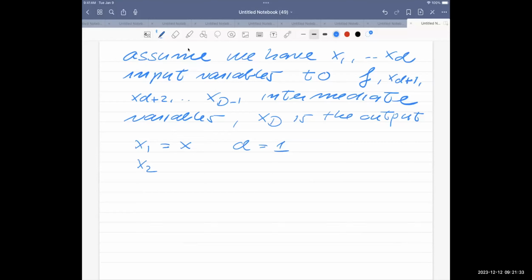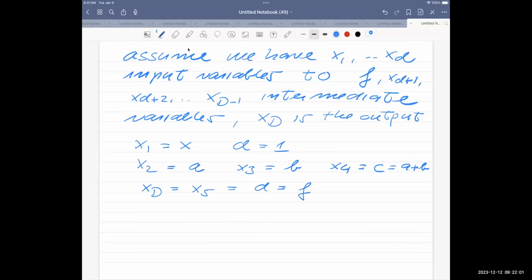So x2 then, since d is equal to 1, x2 becomes a. x3 is equal to this variable b. And then clearly x4 has to be equal to c, which is a plus b. And then x of D, which in our case is equal to x5, is equal to d, and that is equal to f.